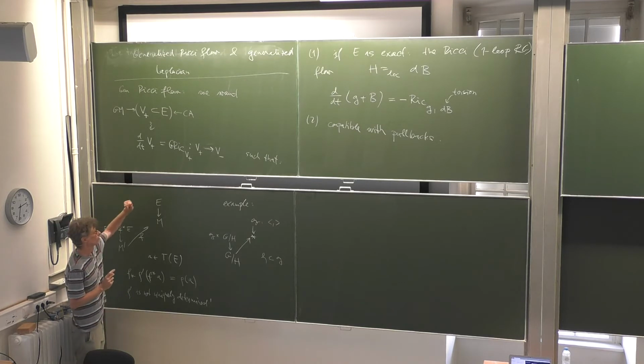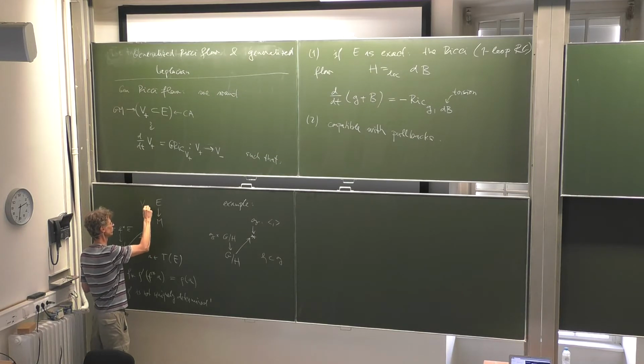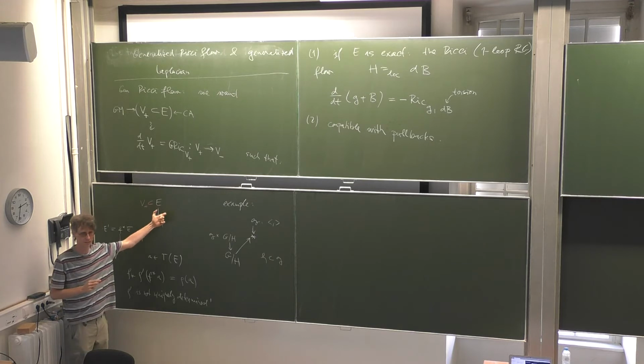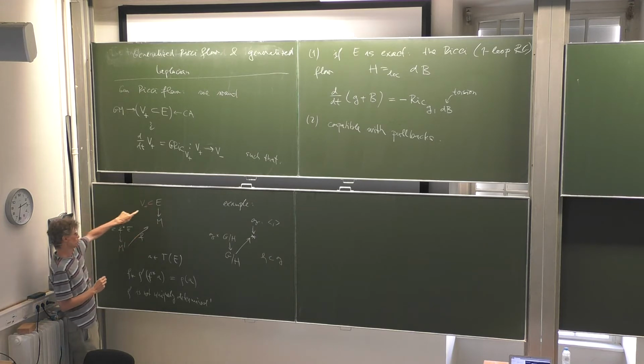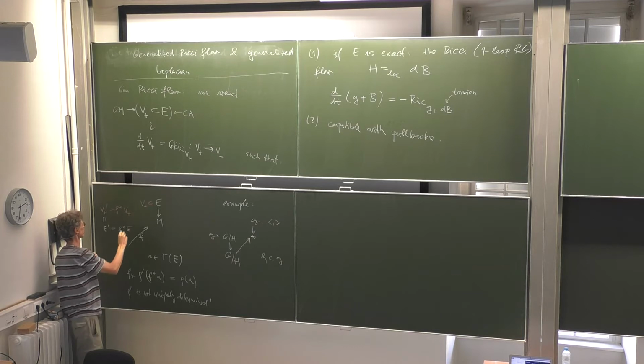So what is that compatibility? Imagine that we have V plus sitting here, and we pull it back. It will give us V plus prime, which is just the pullback of V plus.